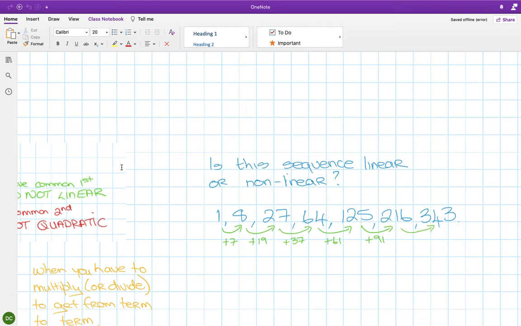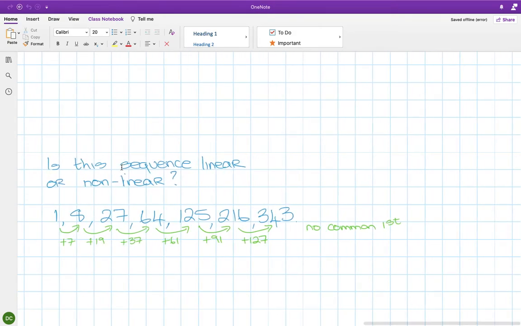And this one is +127. Okay, so we have no common first difference. So it's definitely non-linear. Yeah?